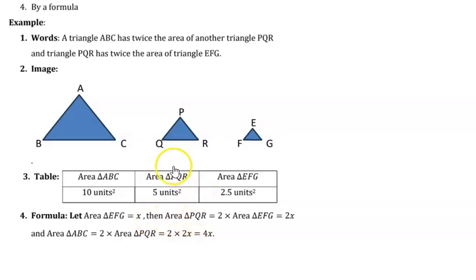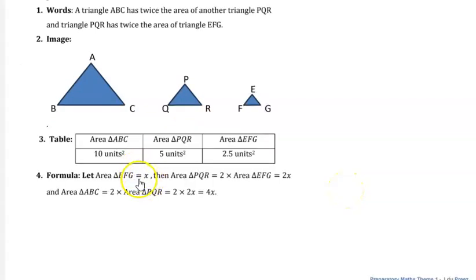Then the center triangle PQR will be twice that area, so it's 2x, and triangle ABC will be twice triangle PQR, so it's twice 2x, which is 4x. So there's a relationship of x, 2x, 4x between the 3 triangles.